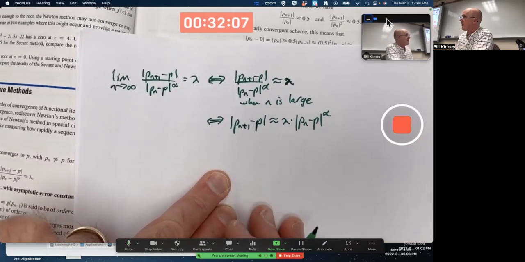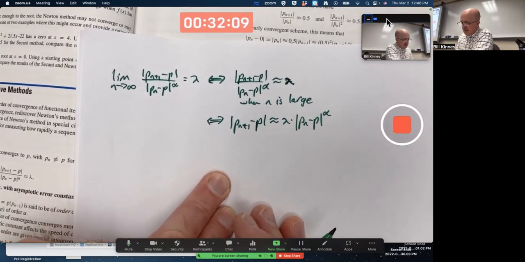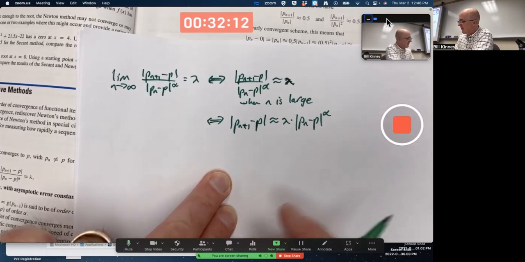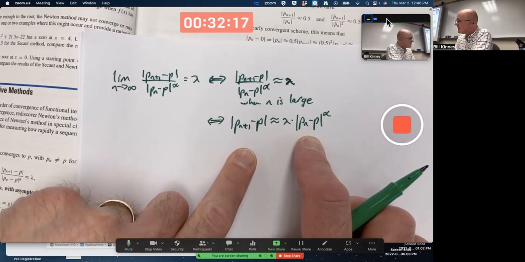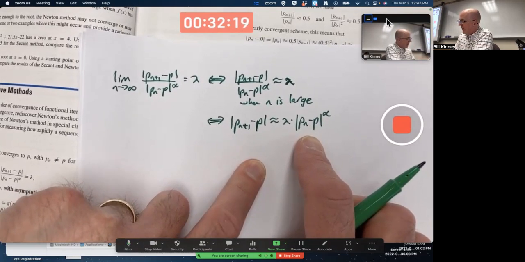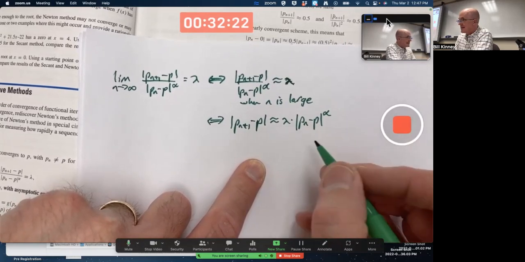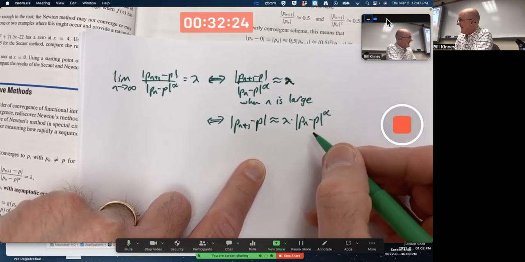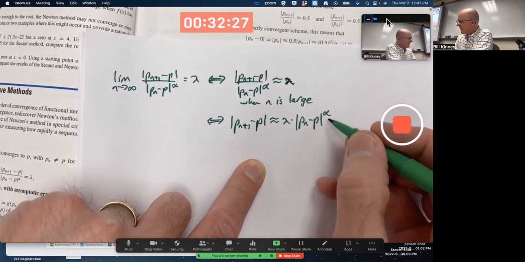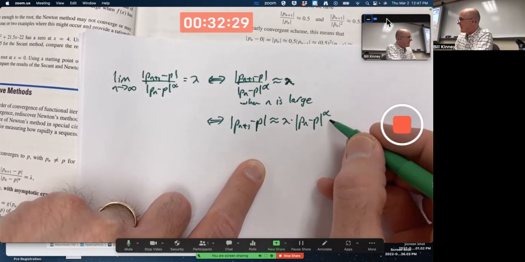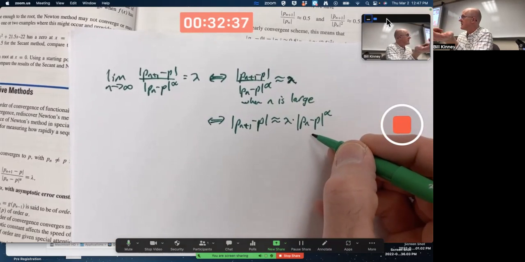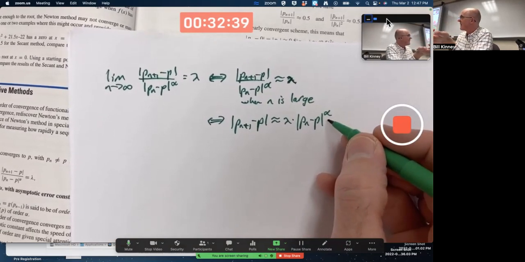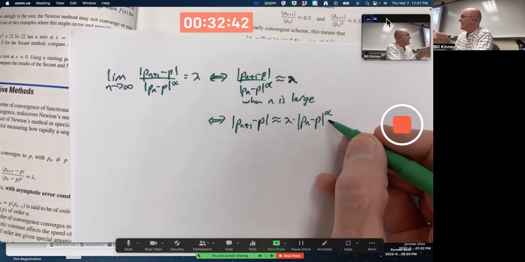Now we're assuming the sequence Pn converges to P. So these distances definitely go to 0 as n gets large. They get small, certainly less than 1 in absolute value when n is large enough. Think about if alpha is big here, meaning bigger than 1, 2, 3, 4, 5, 6, etc. If Pn is really close to P, so that this distance is close to 0, you raise a number close to 0 to a large positive power, it's going to be even closer to 0.